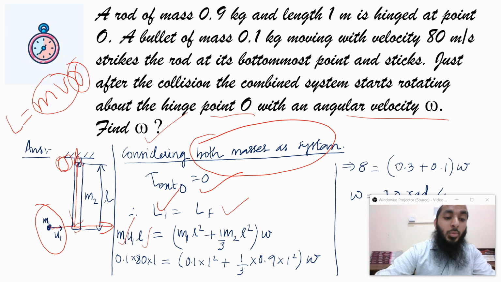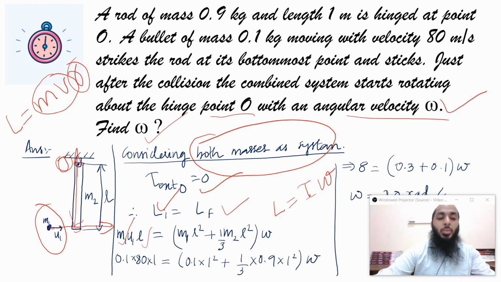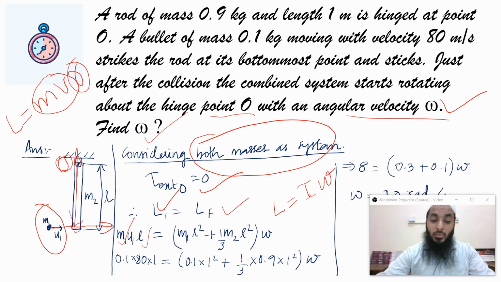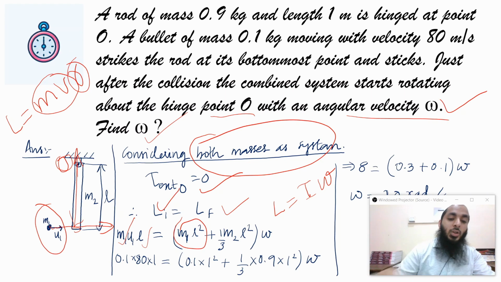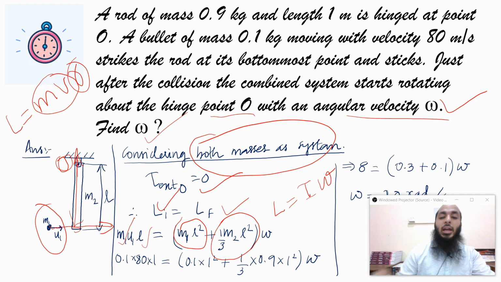Now the final angular momentum, you have to write I omega. What is the moment of inertia of a particle at a distance L? It will be ml square. So ml square is the moment of inertia because of the bullet, and the moment of inertia because of the rod will be 1 by 3 ml square, because it's hinged at the end.